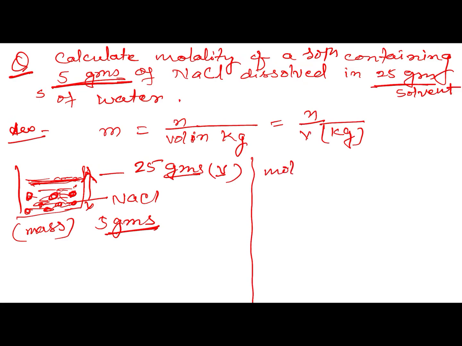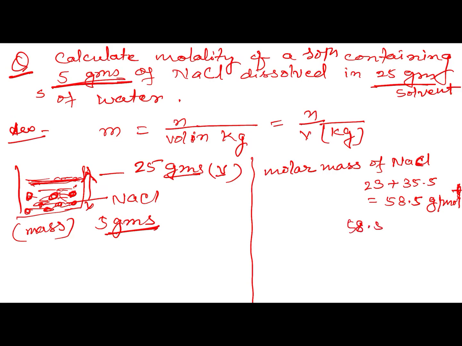Then calculate molar mass. First of all, calculate molar mass of sodium chloride. That is 23 plus 35.5 is equal to 58.5 gram per mole.